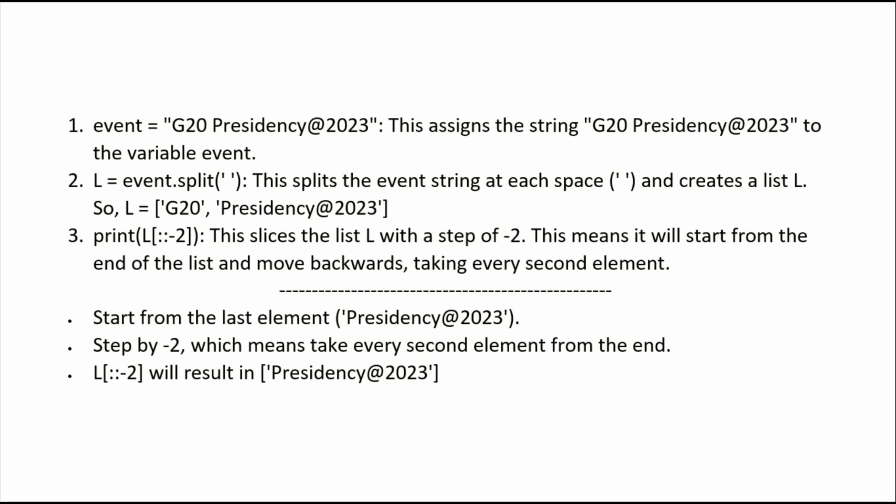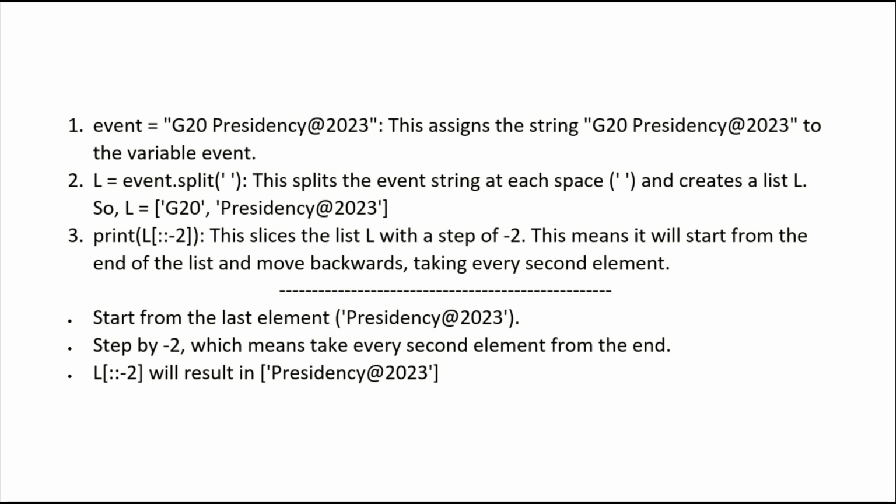Then L = event.split(' ') splits the event string at each space and creates a list. So the list would be G20 and presidency@2023, which means the list would have two elements.